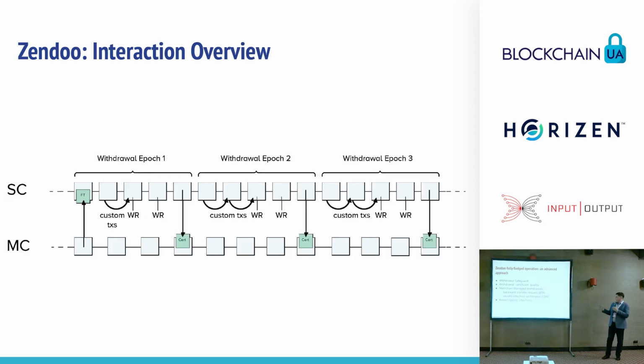So in the main chain, we have a forward transfer. This forward transfer is done using a private key, and the public key corresponding to this transfer is known to the main chain. The private key is also used to move funds in the sidechain. So the main chain knows the initial public keys here.